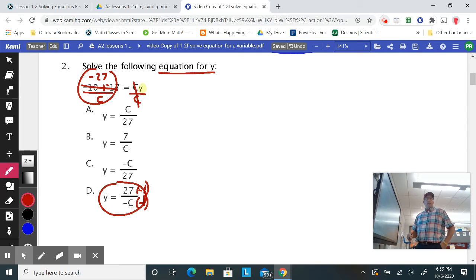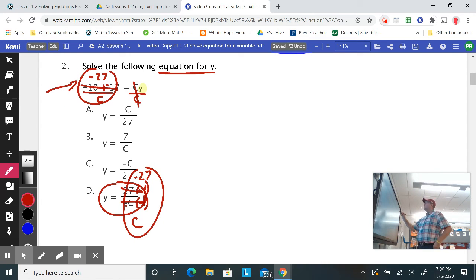You're allowed to do that because negative 1 divided by negative 1 is really a positive 1, and multiplying by positive 1 is identity. So it doesn't change the value, but it does change the way it looks. The numerator would be negative 27, and the denominator would become a positive c, or just c. And that matches what I have here.